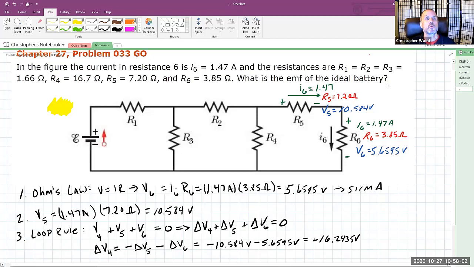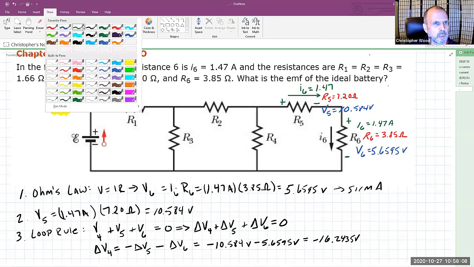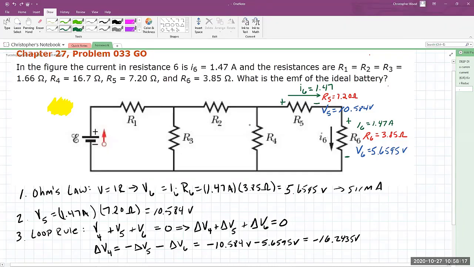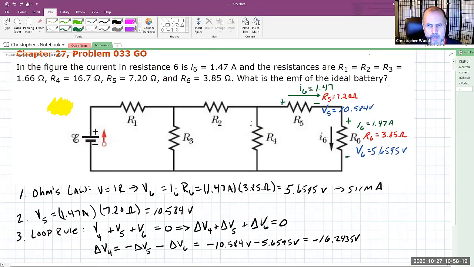So right now, you guys, you know what the positive terminal is for R4. This is a major step. All right, so shout out one way or the other. Is this positive, or is this negative, or is this I don't know, or is this I don't care? But this is positive.